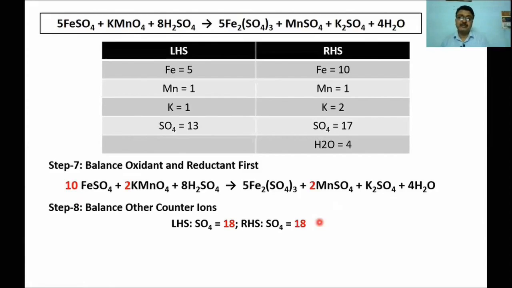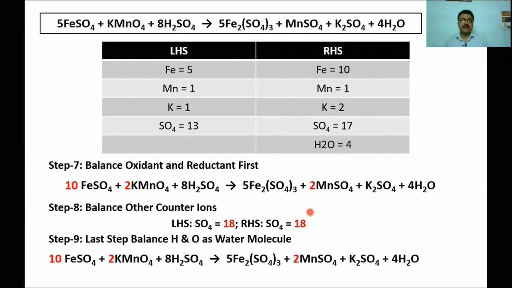But you will find many situations, many examples, where other counter ions are not balanced, and you will have to put in some extra effort, some extra strategies to balance them out. But this is the next step.